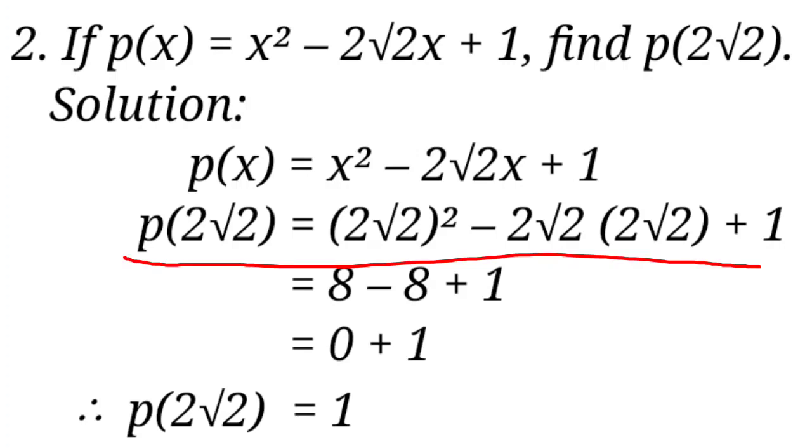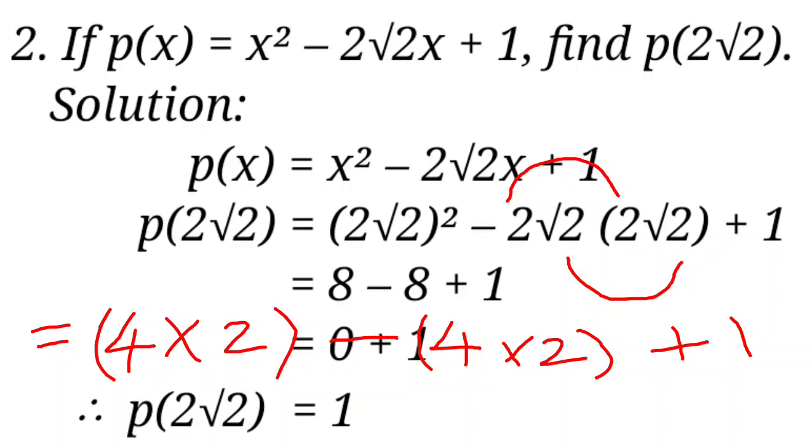Here p of 2 into root 2 is equal to 2 into root 2 the whole square minus 2 into root 2 into 2 into root 2 plus 1.